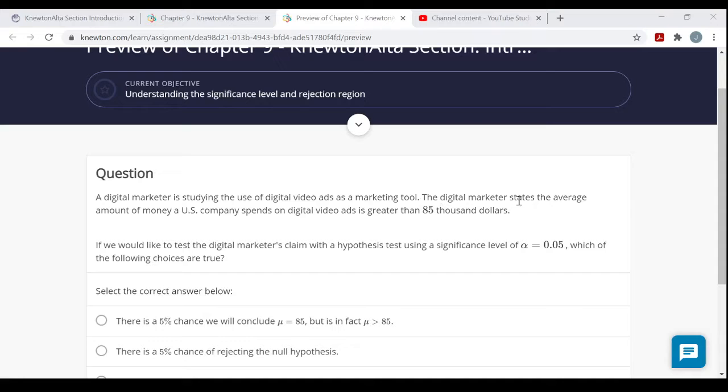The digital marketer states the average amount of money a U.S. company spends on digital video ads is greater than $85,000. So if we would like to test the digital marketer's claim with a hypothesis test using a significance level of alpha equals 5%, right? Alpha equals 0.05. Which of the following choices are true?